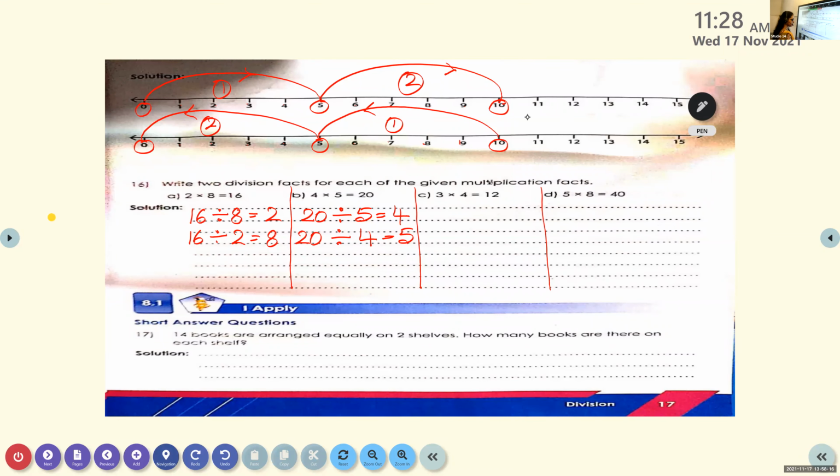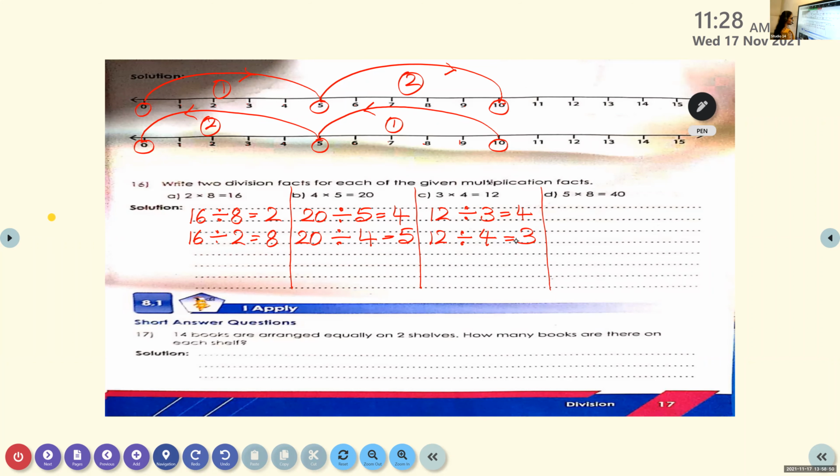For the third one, 1 division fact. 12 divided by 3 equals 4. Yes, 12 divided by 3 is equal to 4. Good. Now, next division fact, Srived. Next division fact. 12 divided by 4 is equal to 3. Yes. Good.